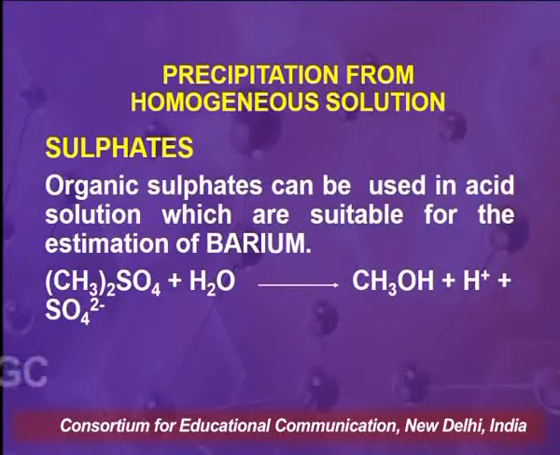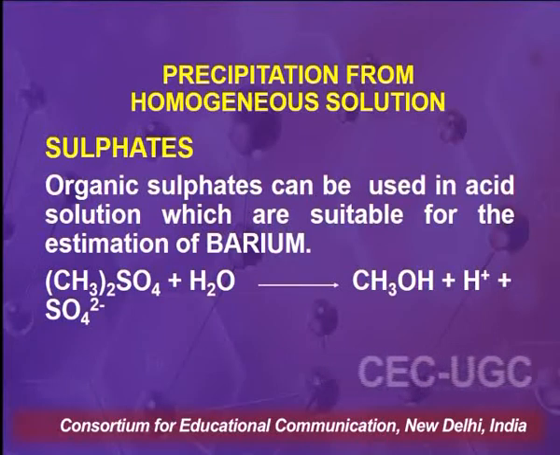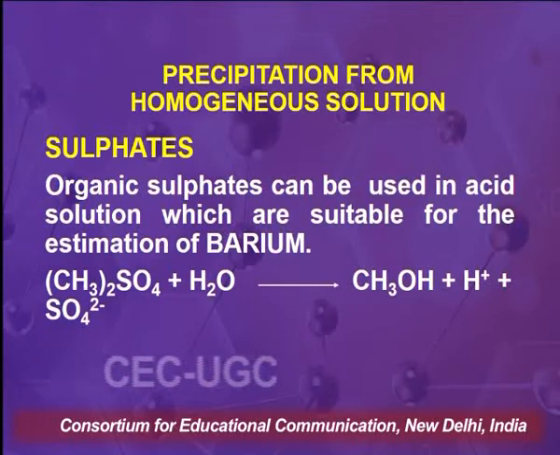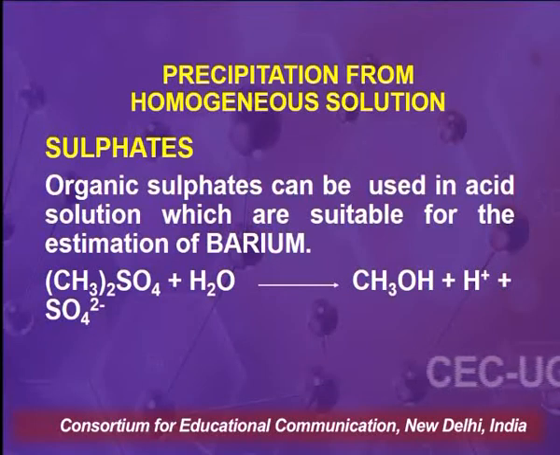Another group of ions, like sulfates, can also be used in precipitation from homogeneous solution. Organic sulfates can be used in acid solution, which are suitable for the estimation of barium ions.